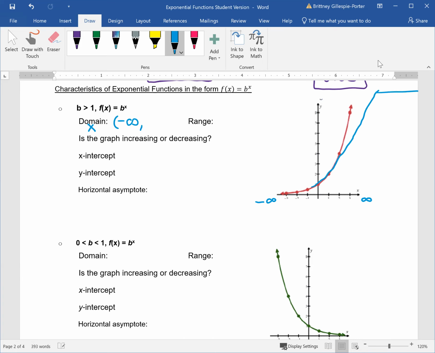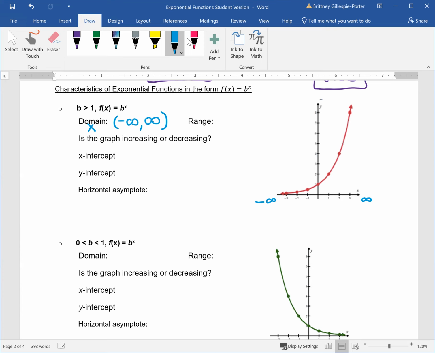It's eventually going to hit all of our x values in the positives, because eventually I'm going to be able to plug in 1,000,000, a googolplex, which means that my domain is going up to infinity. And remember, the infinities both get parentheses.